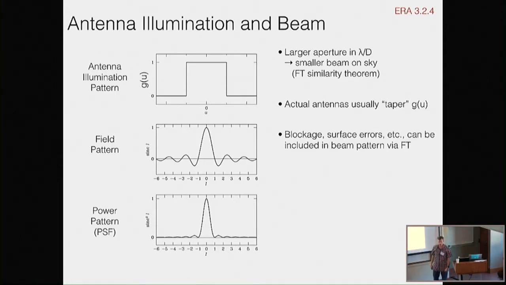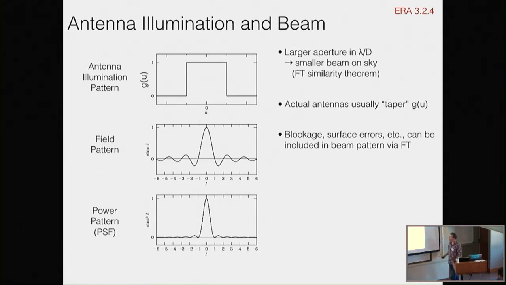And so in order to calculate the beam pattern you expect on the sky when you don't uniformly illuminate your aperture, it's good to have this simple Fourier transform relationship. Moreover, we have blockage in our telescopes, and we have surface errors, and we have gaps between panels, and so on. And all of these effects can be handled by just realizing that you can Fourier transform from the field pattern in the aperture to the sky beam pattern.